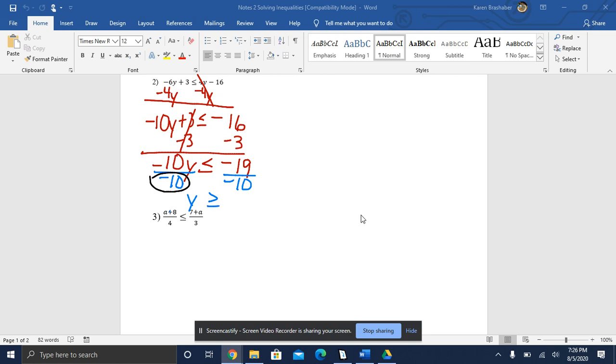So I had a less than or equal to, and I needed to reverse that to a greater than or equal to sign.